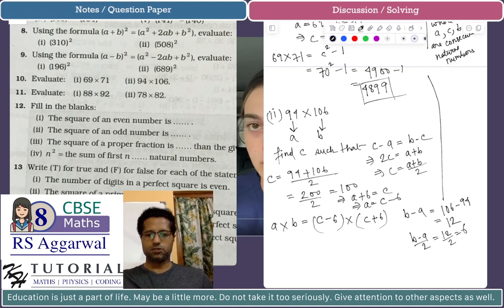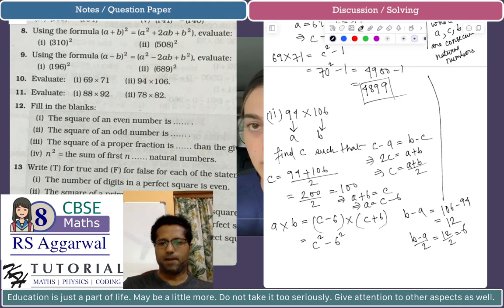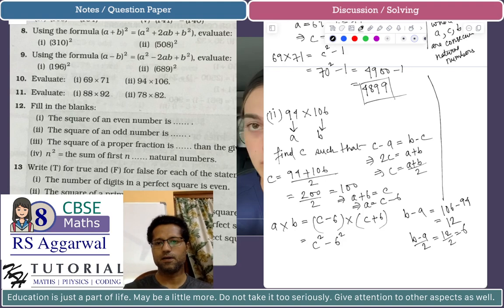So now this is equal to C square minus 6 square. The idea was to express A into B in the form of C minus some value multiplied by C plus that same value, and that same value in this problem is 6. 6 is nothing but (B minus A) by 2, and C is (A plus B) by 2.